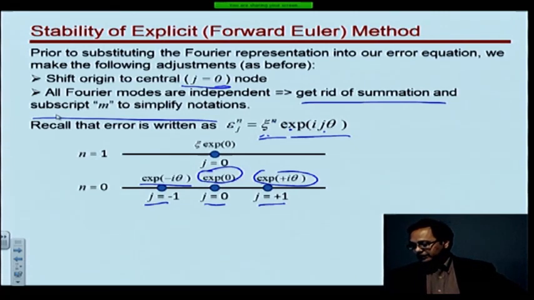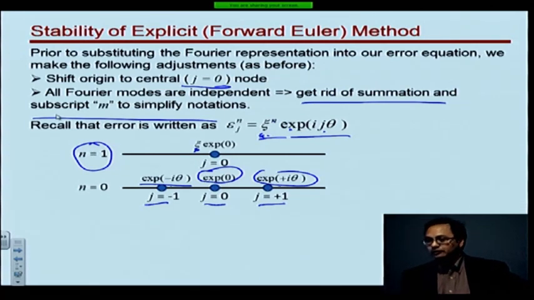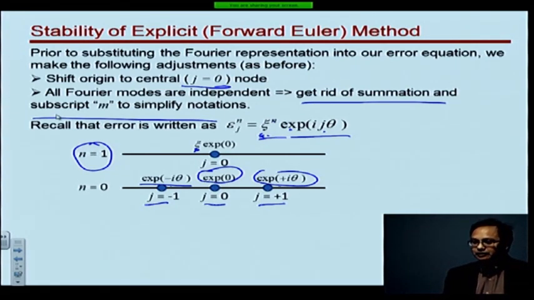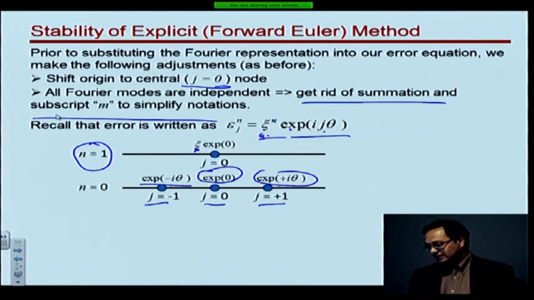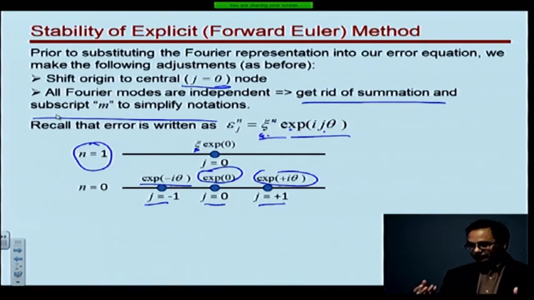In the next time step, n is equal to 1, so I get xi to the power 1, and that's what you see here: xi times exponential of 0. This kind of figure is helpful in understanding what the different terms become in the error expression. Now we plug all that in.